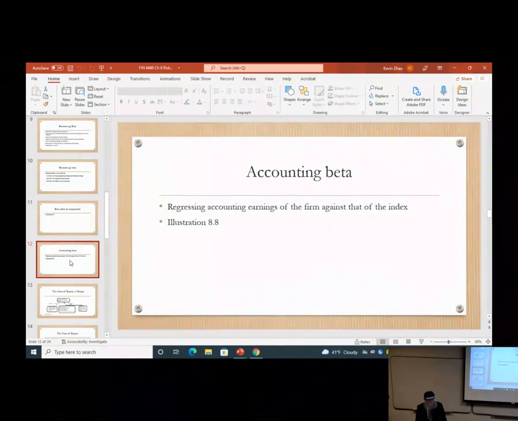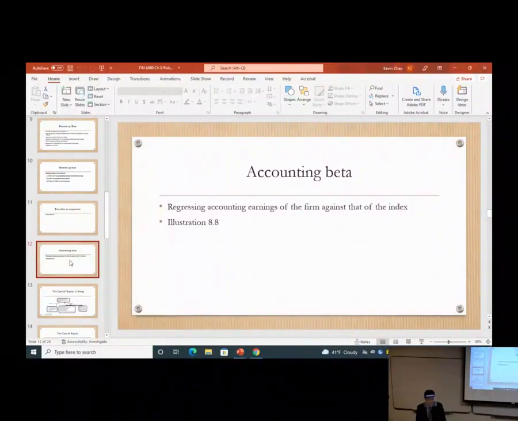So accounting beta actually look at earnings change versus market benchmark changes to see what is the slope of that regression. Once again, it's a regression. As far as you do regression, accounting beta has limitation, of course. There's a much fewer observations that you can see, right, when you use this accounting beta.